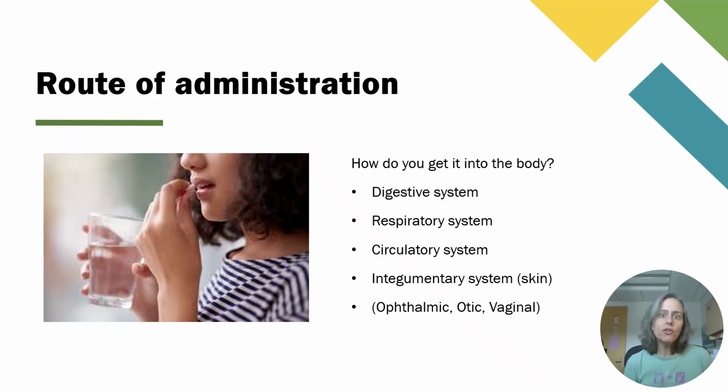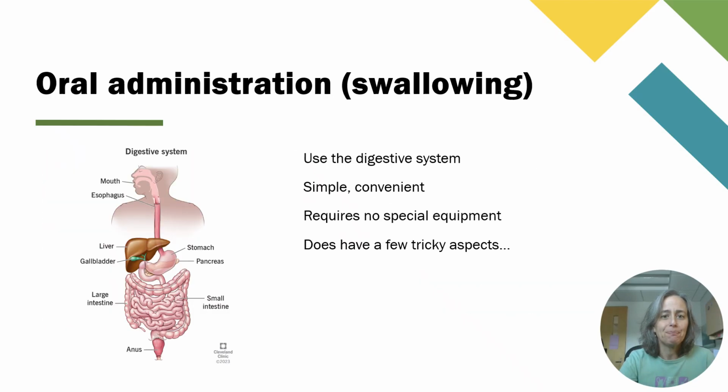But let's also think about the fact that almost all the time we're going to end up using the circulatory system to distribute the drug throughout our body, as the transportation system to get it to where we want it to actually have its action. We can also get things into our body through the skin, so we'll talk about that. And then you can also get things into your body through your eyeballs and in your ear and in your vagina and other places. So we're not going to talk as much about those.